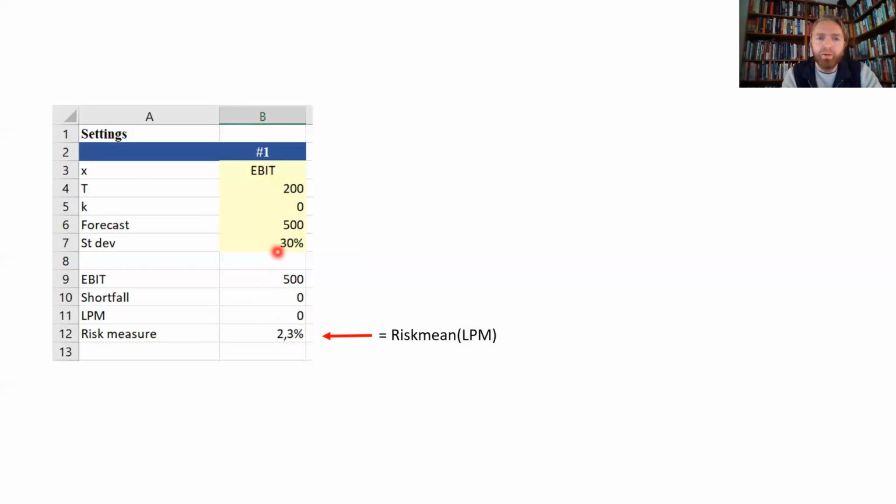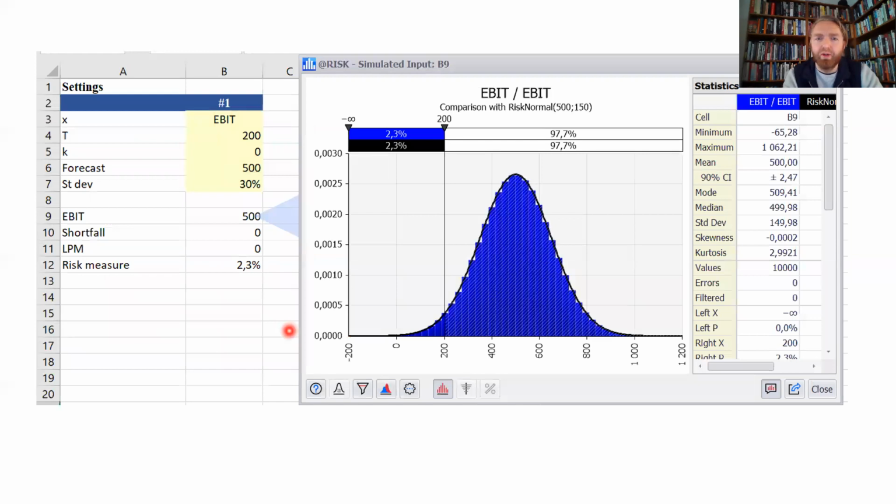So based on this kind of randomness in performance, we have this probability of falling below the threshold. If you were to start simulating, you would see that in the simulations, right? So for example, here we've simulated the EBIT, and we have the distribution of outcomes. 500 is the forecast, so the distribution will be centered around that.